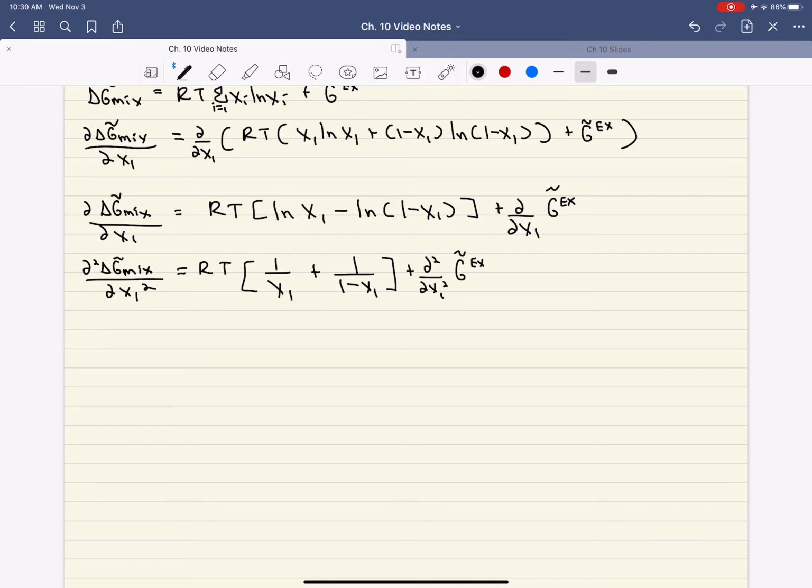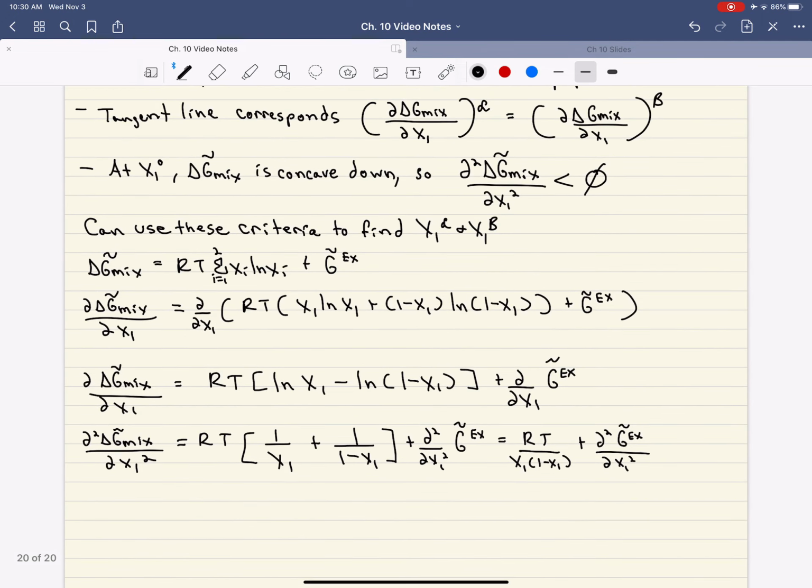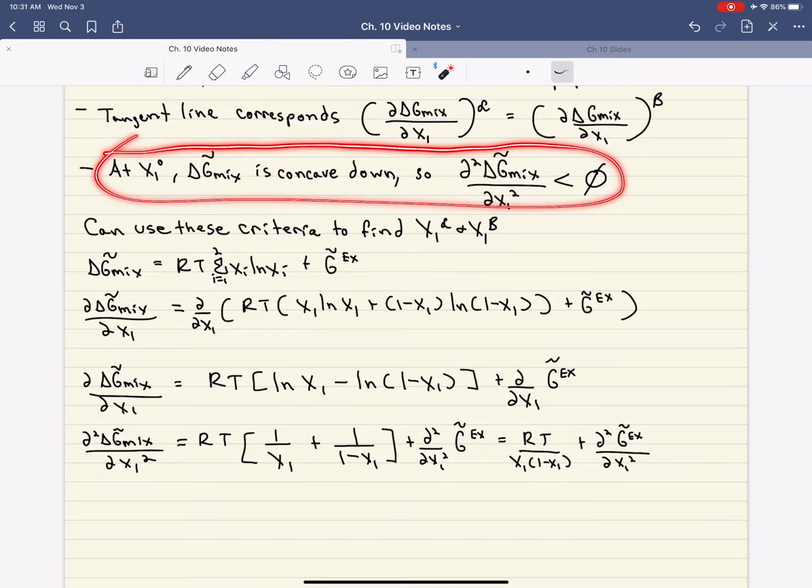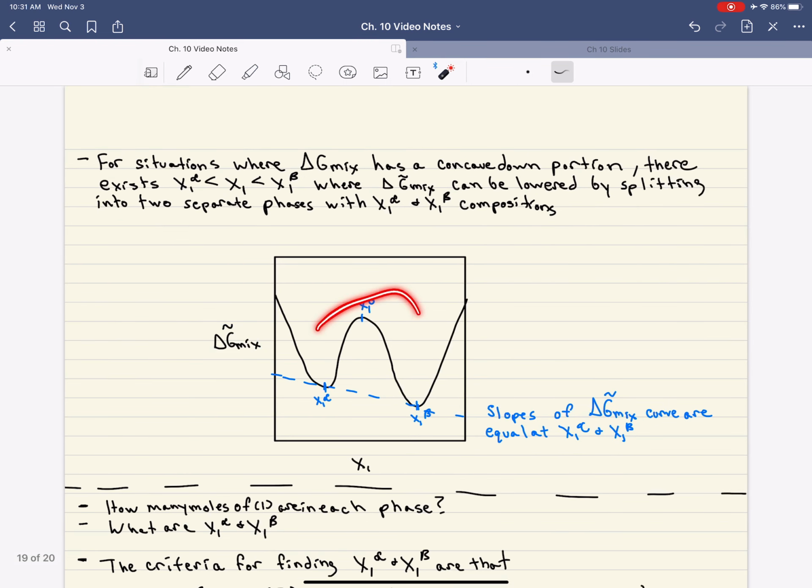Okay? Or if we rearrange it, we could write it like this. And so, based on the fact that in order for phase separation to occur, we need to have this bump in our delta G mixing curve, and that bump needs to be concave down.